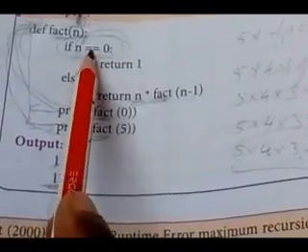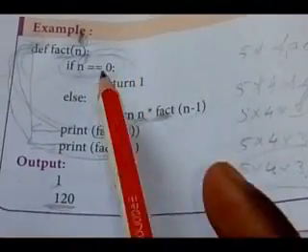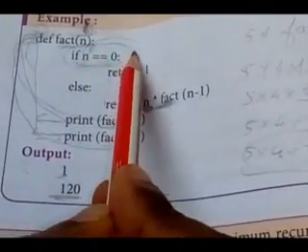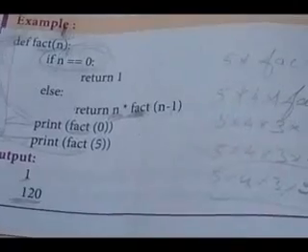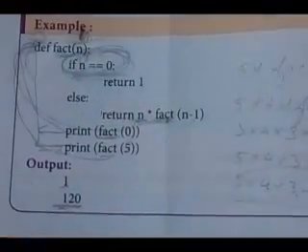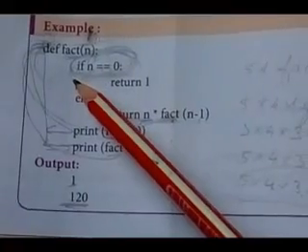When it reaches 0, it will be terminated. It is just like a looping statement. Understand? If we do not set the base condition, this process will execute infinitely. We can change the limit of this recursive function.